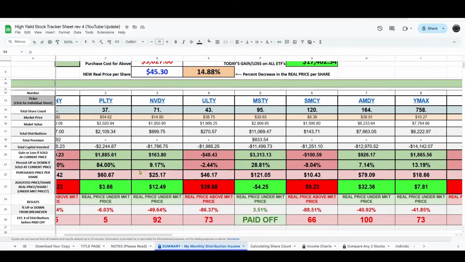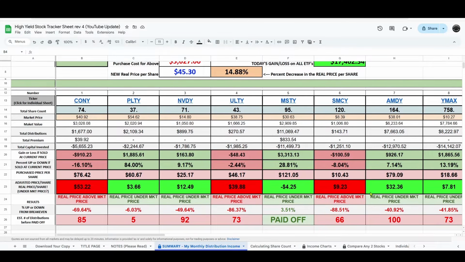I mean, all the way up to PLTY at 84% and AMDY with only 7% up. So it's all over the board. I am up on some and I am down on others. But that, of course, is the percentages before entering in the distributions. So let's find out what that's going to change to once we enter in those distributions.